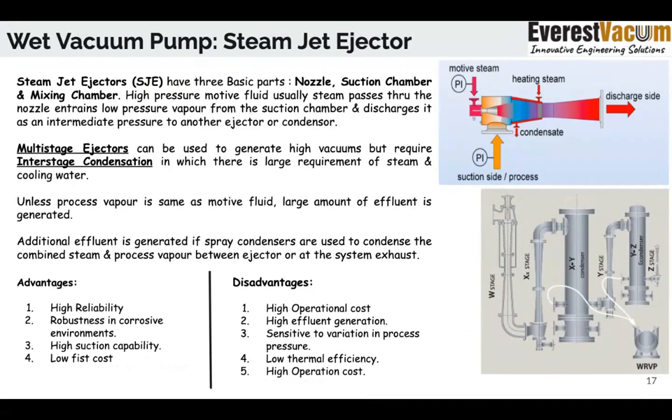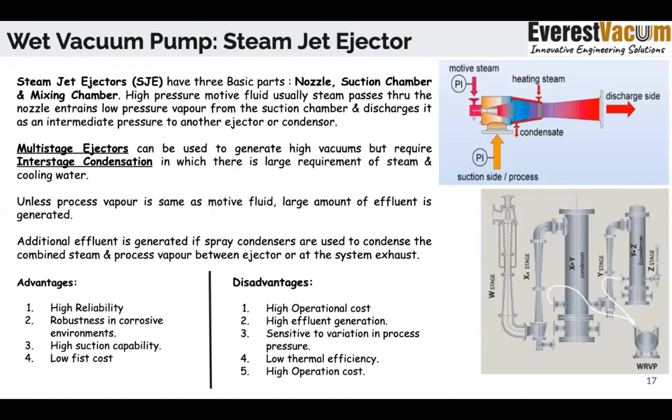High pressure motive fluid, usually steam, passes through the nozzle and enters the low pressure zone. So this is the nozzle, this is the suction chamber, and this is the mixing chamber. We pass high pressure steam from here.